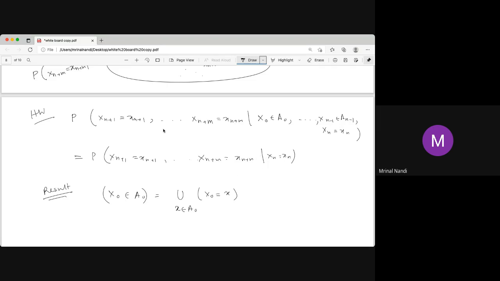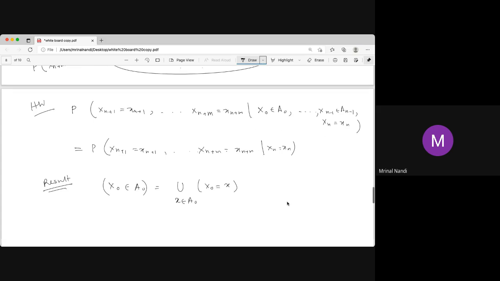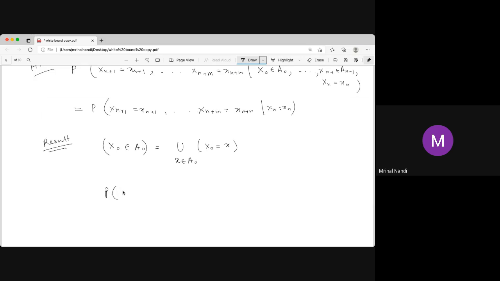Union is on the left hand side, union on the right hand side, given union. So you need to find the probability of, we know the probability of ai given b.